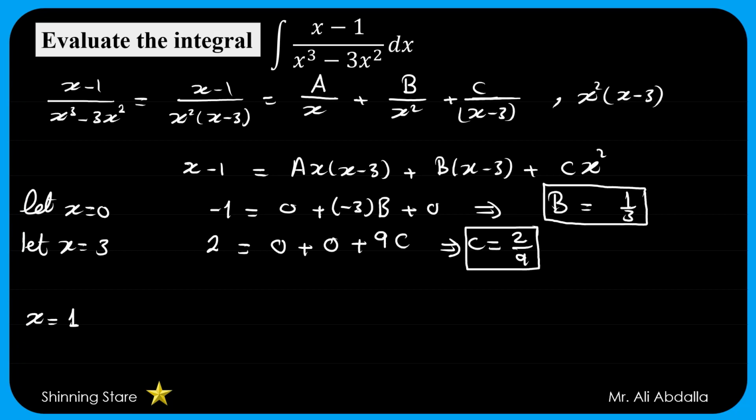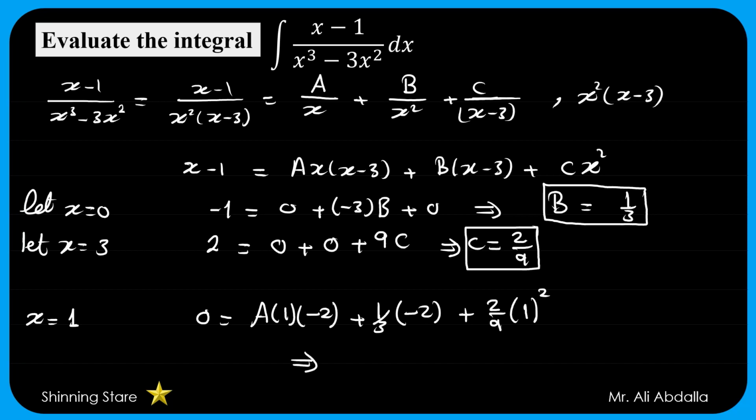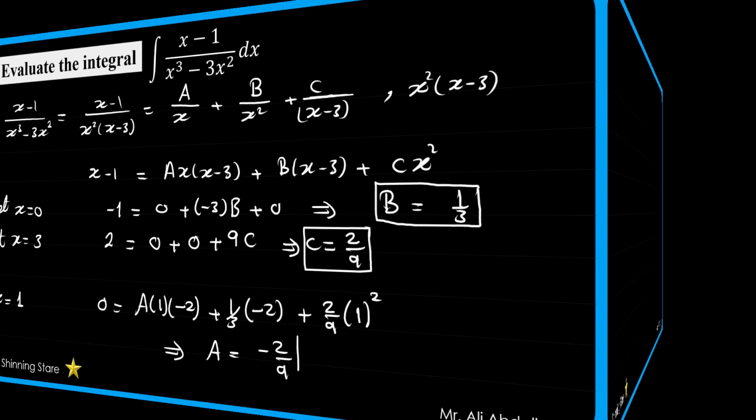1 minus 1 equals 0, equals a times (1 minus 3), which is negative 2a, plus we substitute b equals 1/3 times (1 minus 3), which is negative 2, plus c equals 2 over 9 times 1 squared. Then we can simplify this and we get a equals negative 2 over 9.